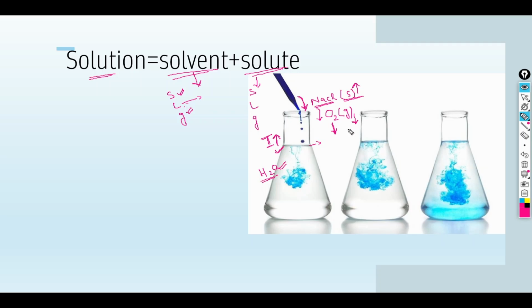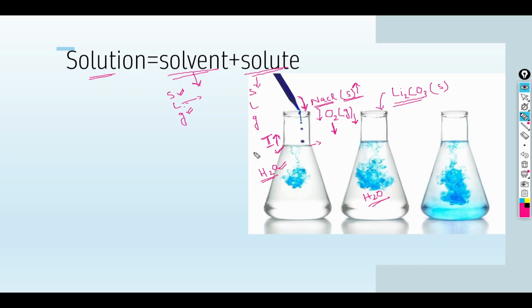We are also taking the examples of the exceptions. Suppose we have lithium carbonate. So we are dissolving lithium carbonate. This solute is in the solid state and the solvent is water. So this is an exception.